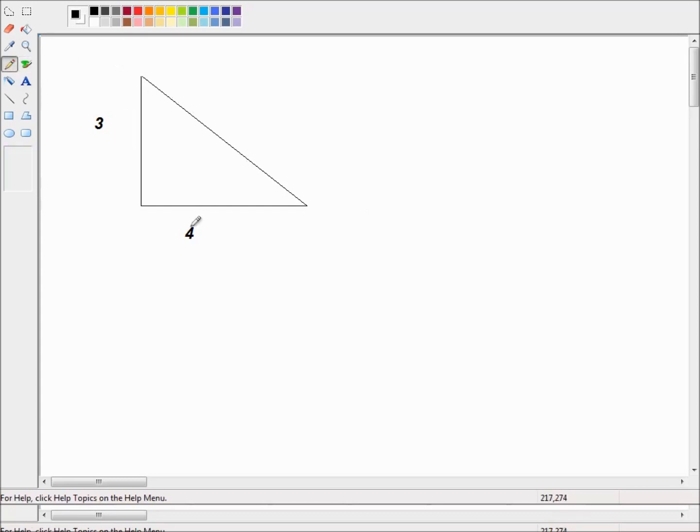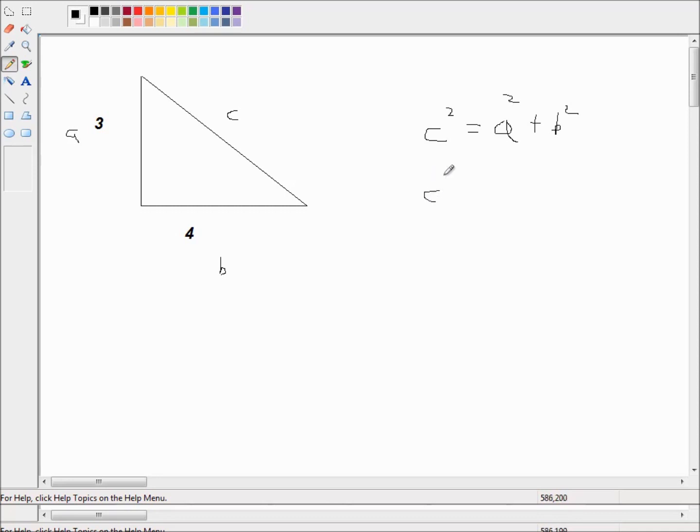And so Pythagoras' theorem tells us that, let's call the hypotenuse c. So c squared is equal to, let's call this a and this b, a squared plus b squared.